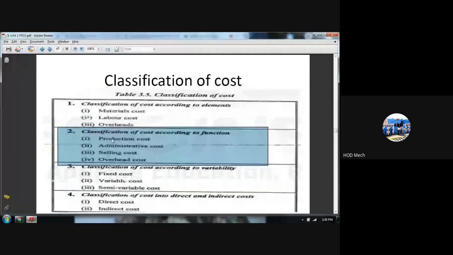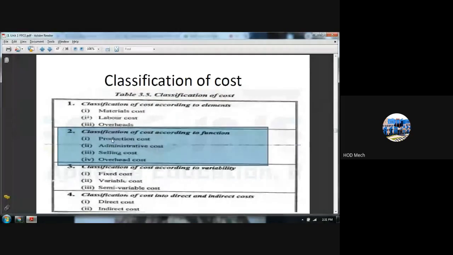Now administrative people are required in all cases, whether it is an educational institution, a private business platform, or an industry, whatever it may be. So the cost involved, paying the salary to these people, procurement of stationery items for administrative people, the furniture that is required, the system that is required for these people to work on, is called administrative cost.